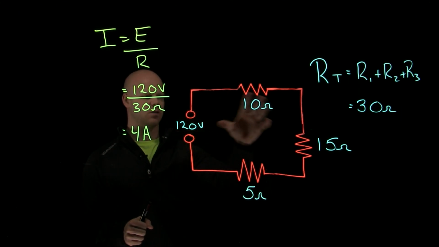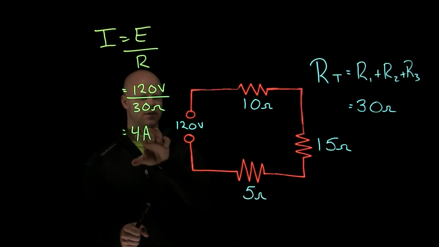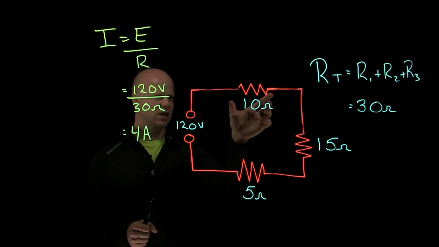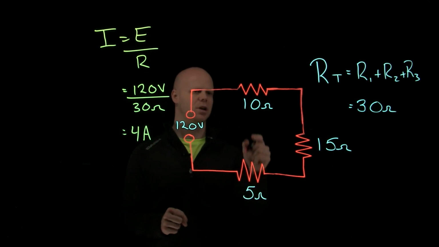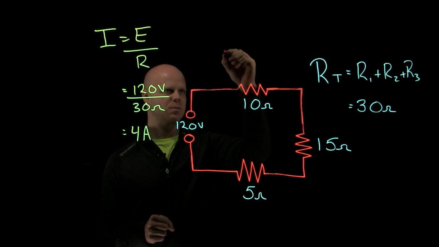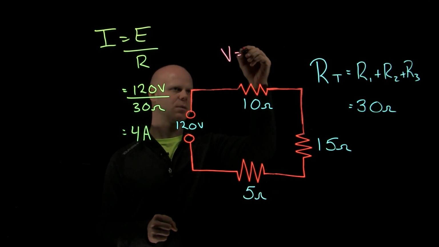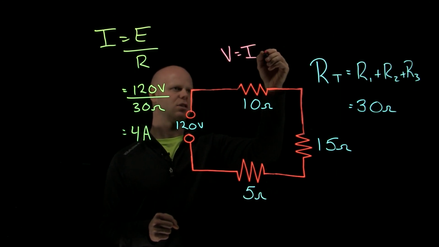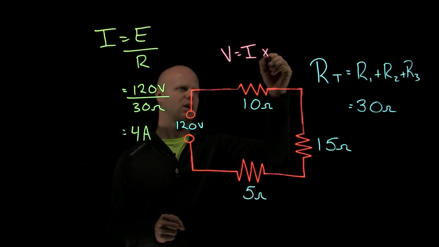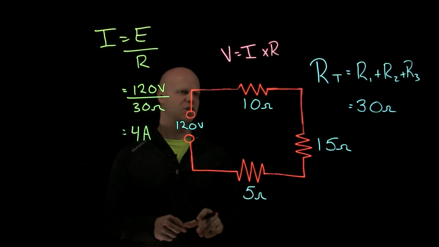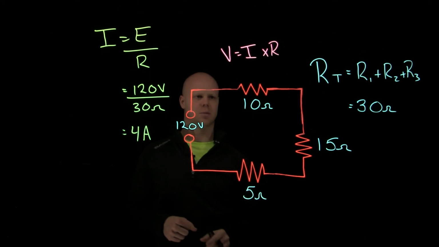So if I have 120 volts and I have a total of 4 amps, I can look at the voltage drop at this one resistor by transposing Ohm's law, and it becomes as simple as the voltage is equal to the current times the opposition of that component.